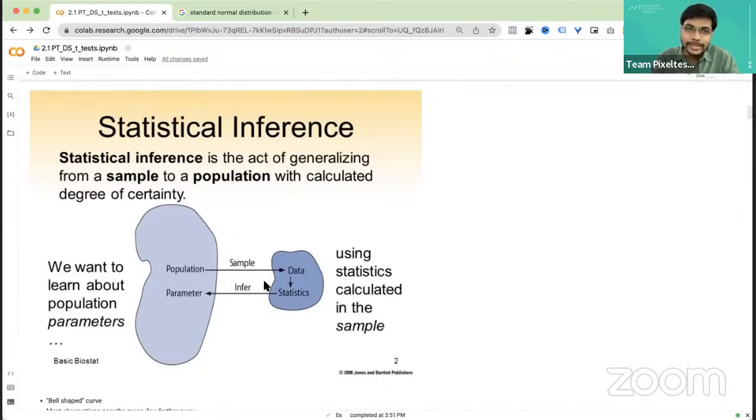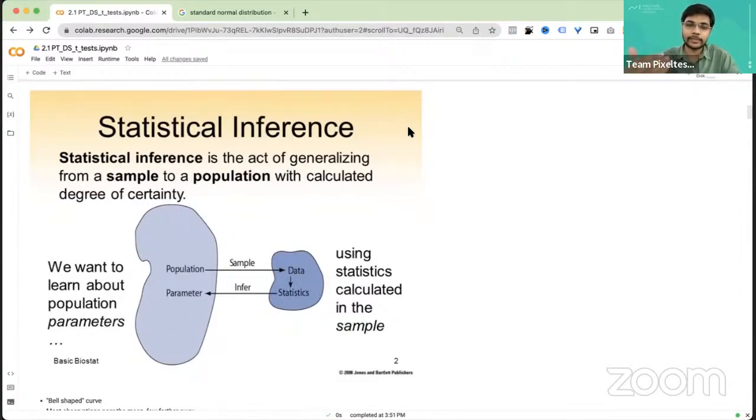Based upon this sample data, we infer what could be the actual result of the bigger population. So statistical inference is where we are generalizing from a sample to a population with a calculated degree of certainty, like 95% chance that so and so person could win, or something like that, right?